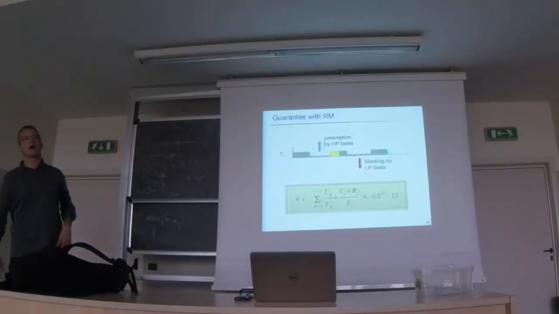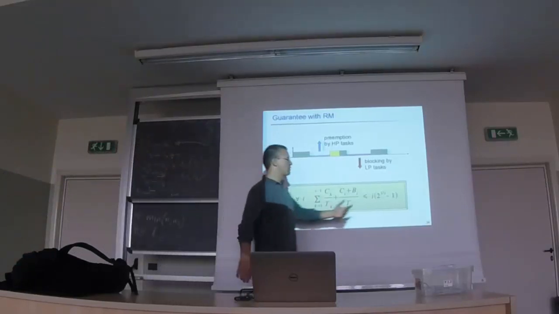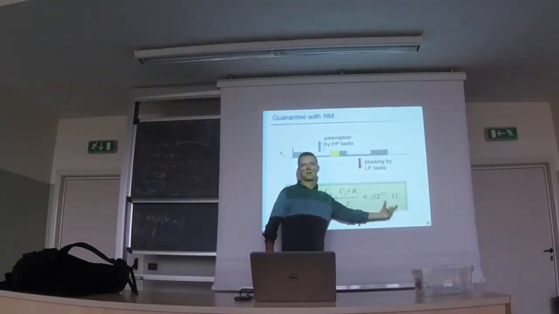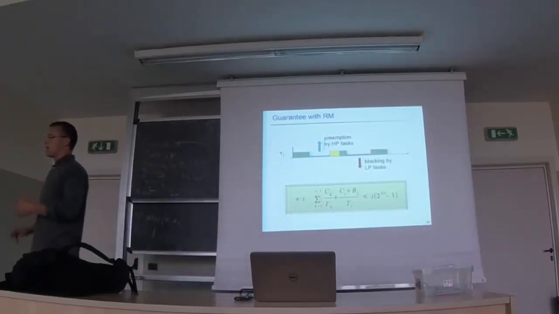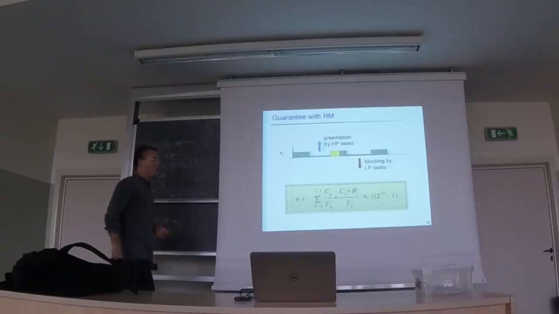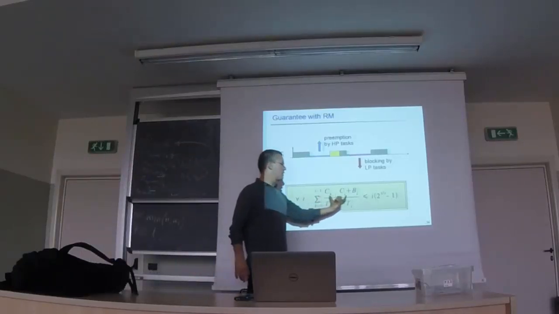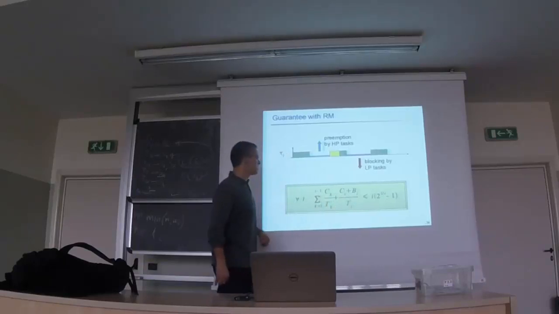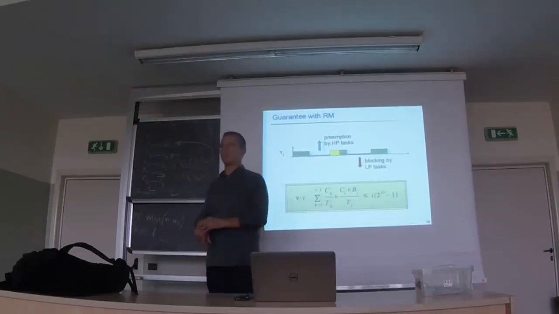If you remember, with rate monotonic, as long as the utilization was smaller than this simple function of the number of tasks, then our schedulability was guaranteed. But that was for independent tasks. What if we have shared resources as well? Well, there is an additional term here, which is the blocking time.